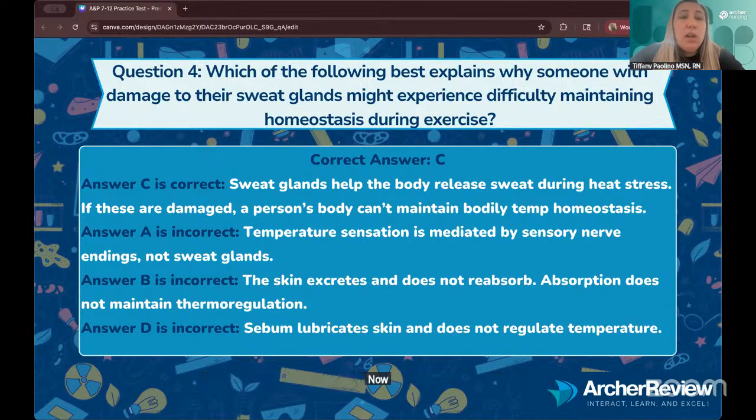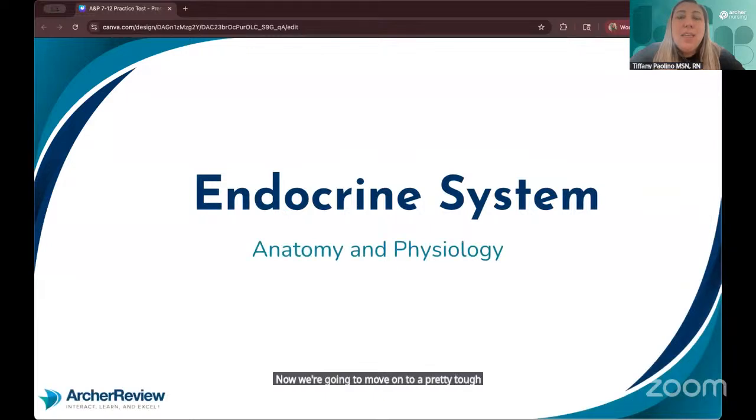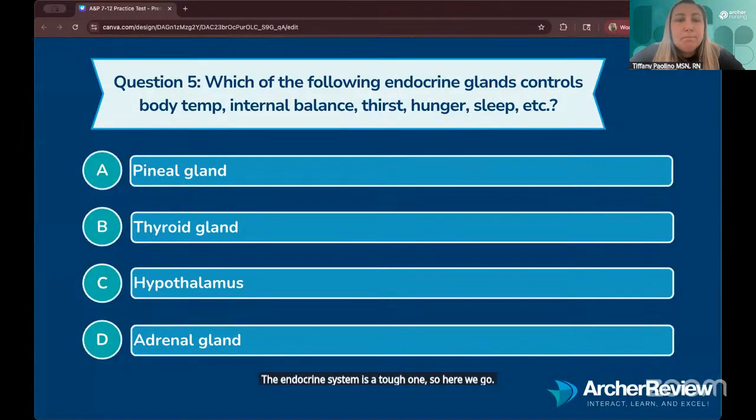Now we're going to move on to a pretty tough topic, the endocrine system. The endocrine system is a tough one. So here we go. Which of the following endocrine glands controls body temperature, internal balance, thirst, hunger, and sleep, etc.? So a few more things, but those are the top ones listed here.